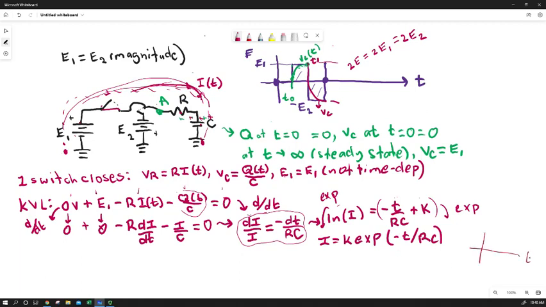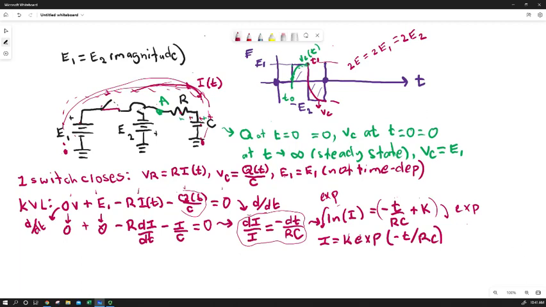So if I were to draw a little I over t, it's going to be something like this. So the longer the time, the smaller the term is going to get, which makes sense because the capacitor is going to charge up, start creating a back voltage that eventually will be equal to the source, and if the two voltages are equal, there's no drive for current to flow.